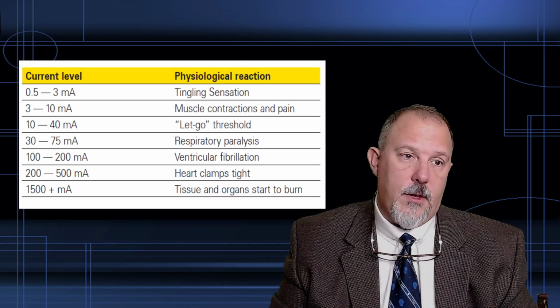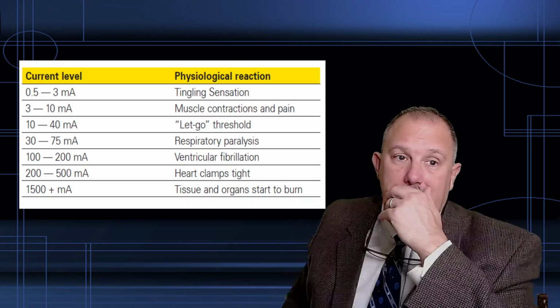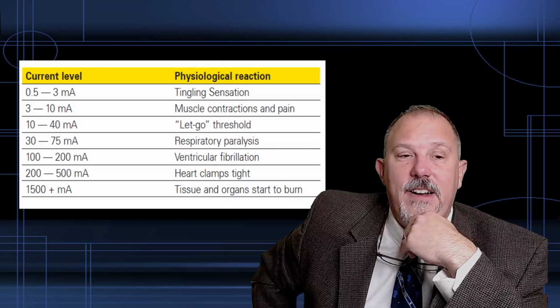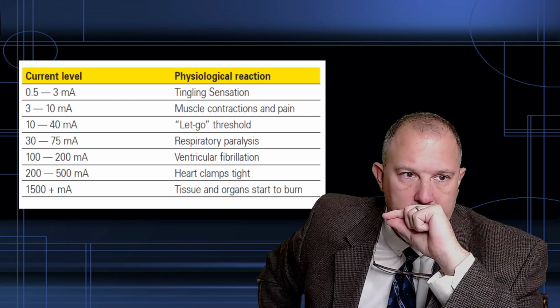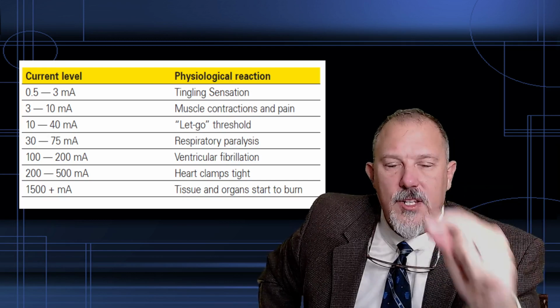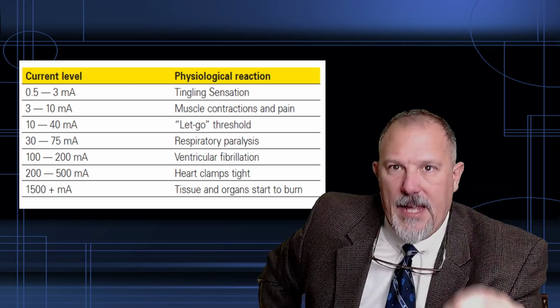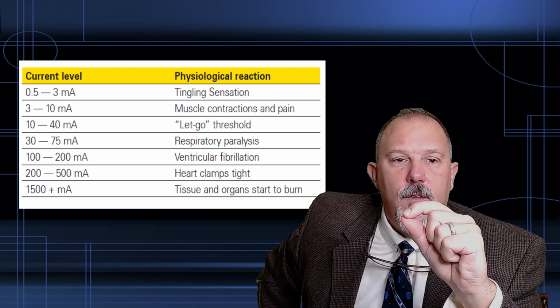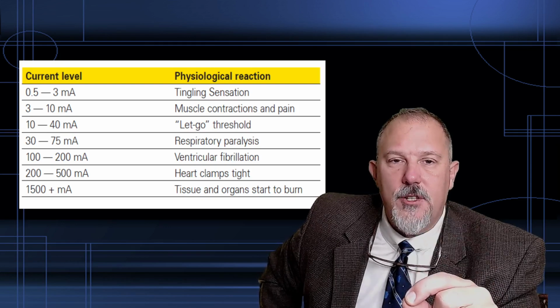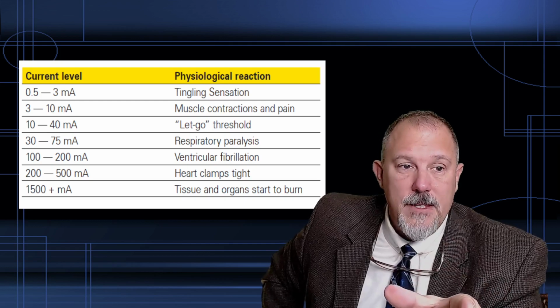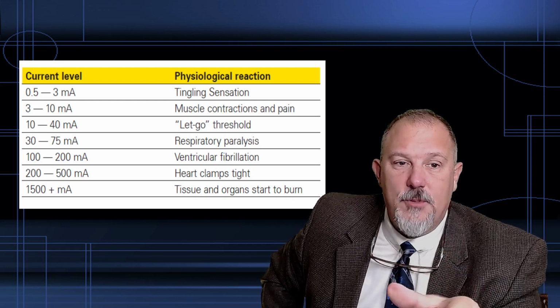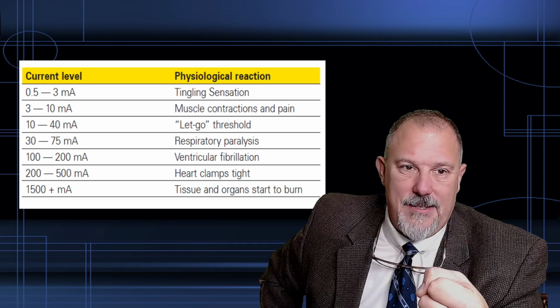We're going to talk about those. But what we know by this table is that anywhere from 0.5 to 3 milliamps, you're going to have a tingling sensation. From 3 to 10, your muscles will contract and you will have pain. From 10 to 40 milliamps, that's your typical let go threshold. We talked about it. 30 to 75 milliamps, you have respiratory paralysis.